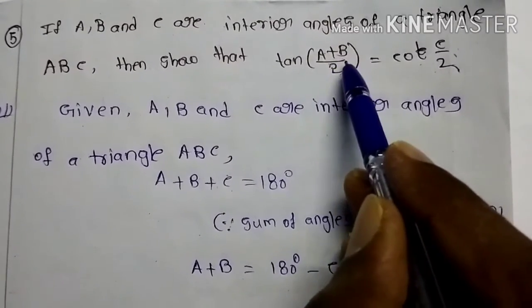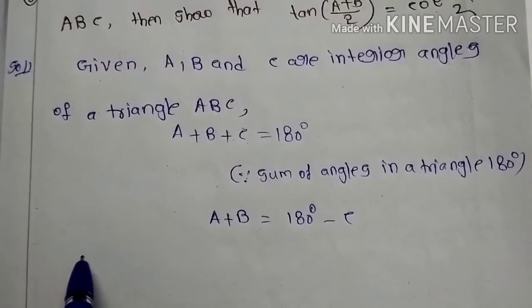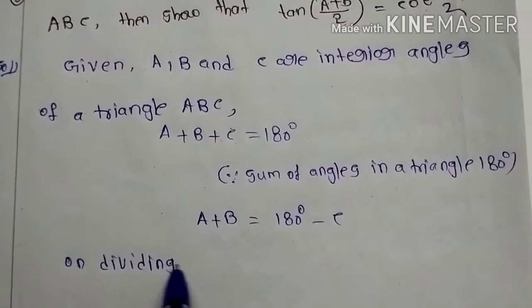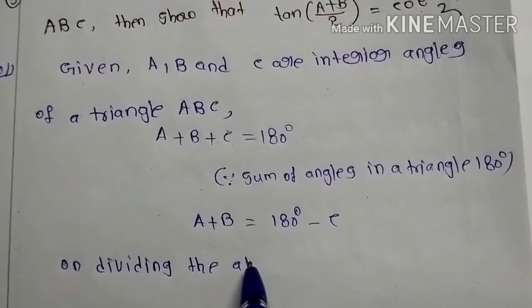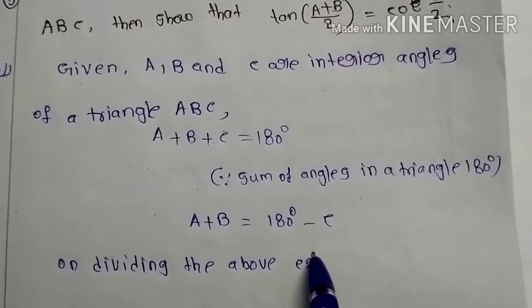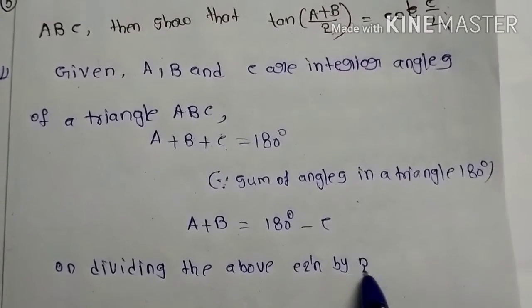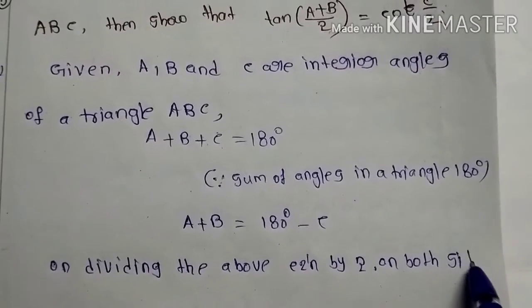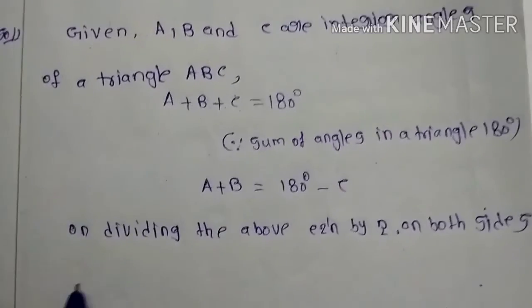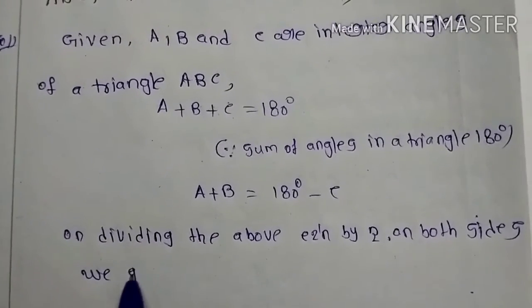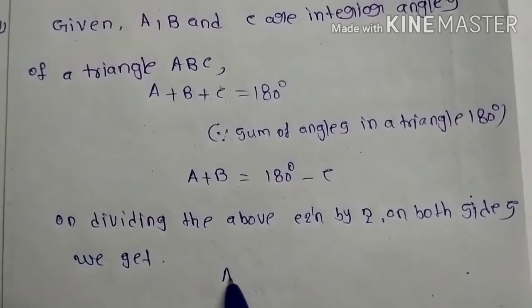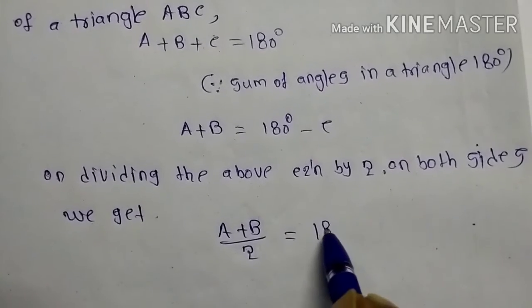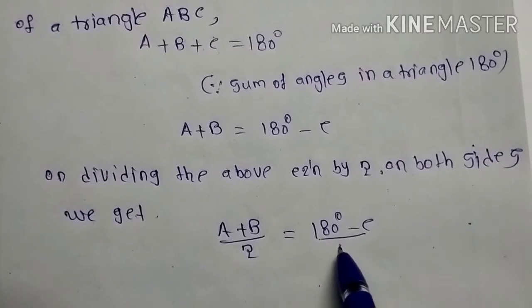So you can divide the above equation by 2 on both sides. We get, see here, (A plus B) by 2 is equal to (180 degrees minus C) by 2.